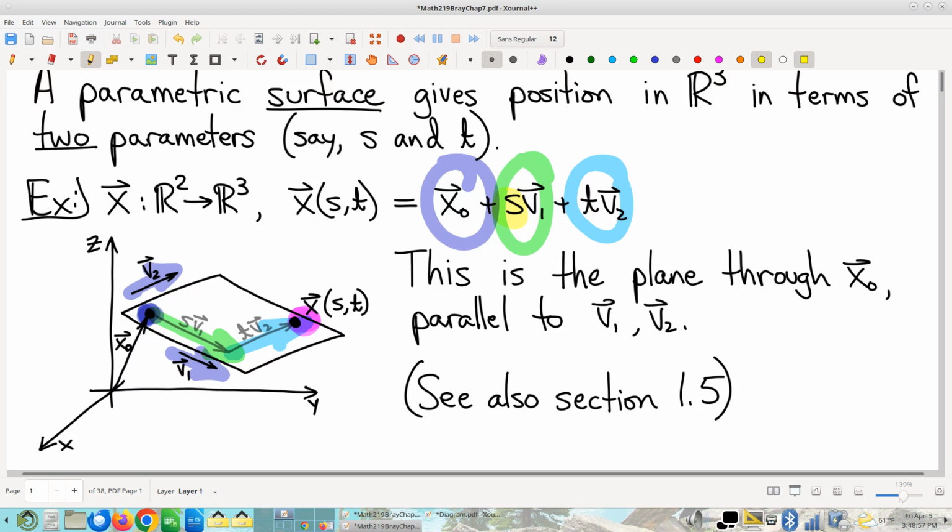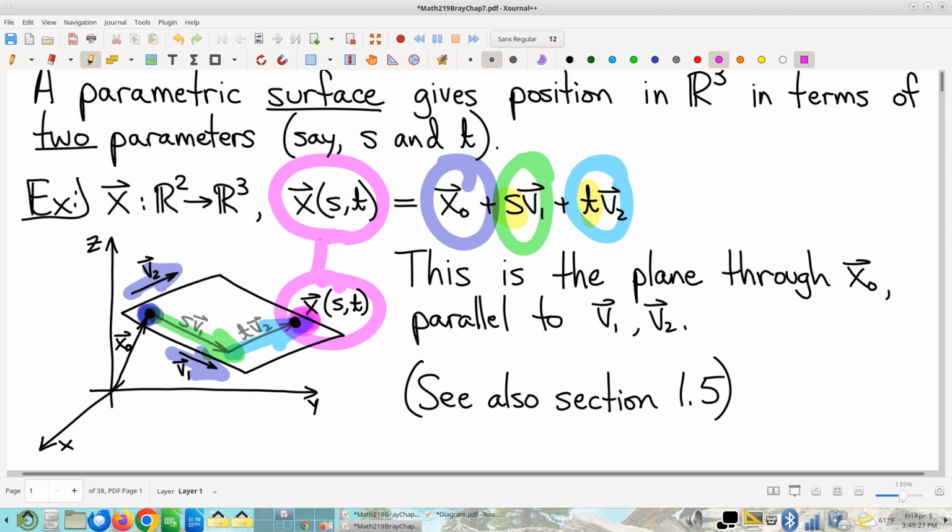And then likewise, I've got this T that allows me subsequently to go farther in the v2 direction, or if T is negative, in the backwards of the v2 direction. And so I can get anywhere I need to in that plane just by using this formula. So position is this function of S and T.